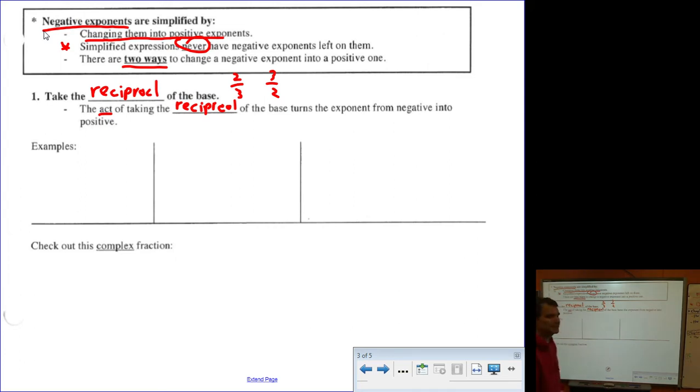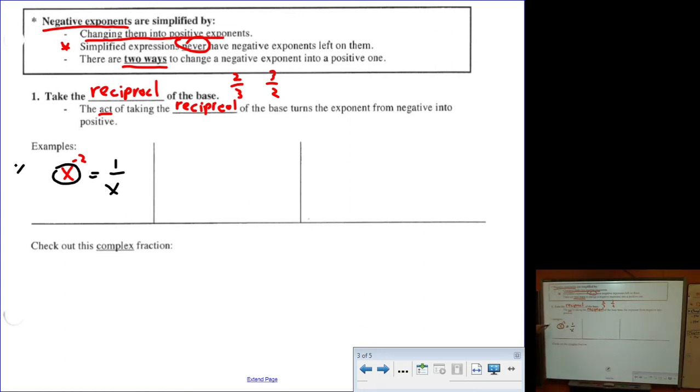So we're going to look at some examples here. The first example I'm going to look at is x to the negative second. How would I simplify that? Well, because it has a negative exponent, I would want to take the reciprocal of the base. The reciprocal of x is 1/x.